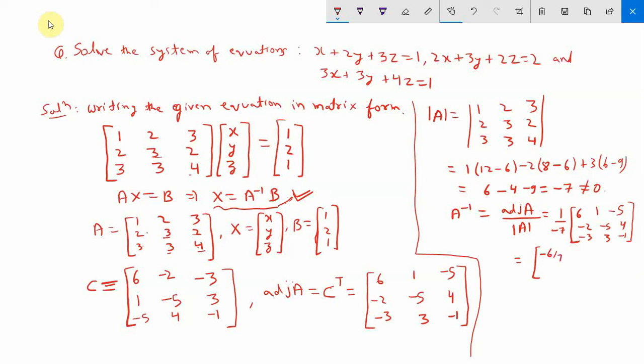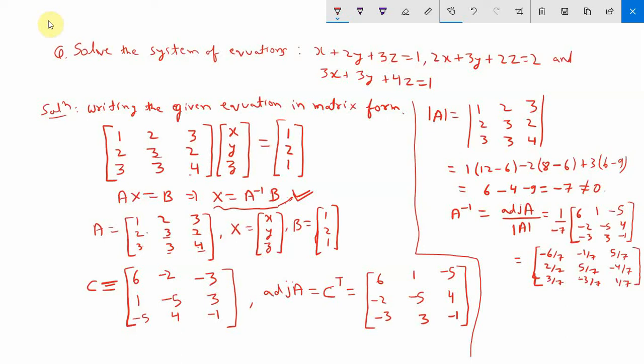So first row: minus 6 by 7, minus 1 by 7, 5 by 7. Second row will be 2 by 7, minus 5 by minus 7, so 5 by 7, and then minus 4 by 7. Third row will be minus 3 by minus 7, so 3 by 7, then 3 by minus 7, so minus 3 by 7, and last will be 1 by 7. Okay, so we have calculated A inverse.